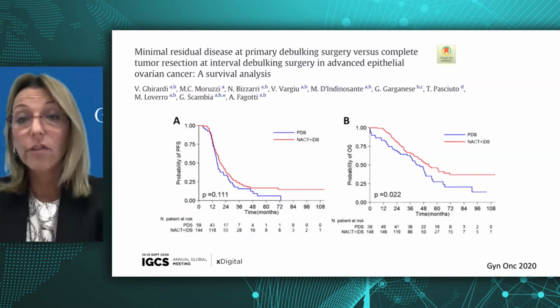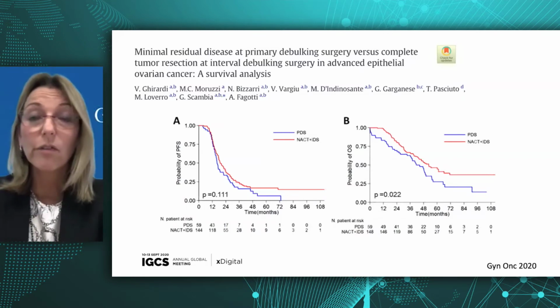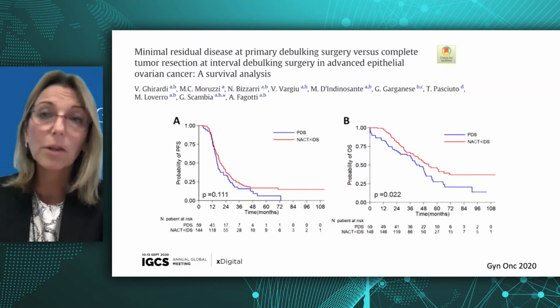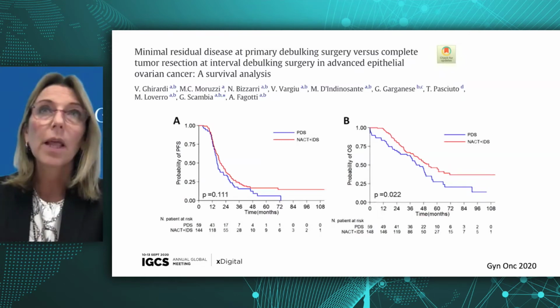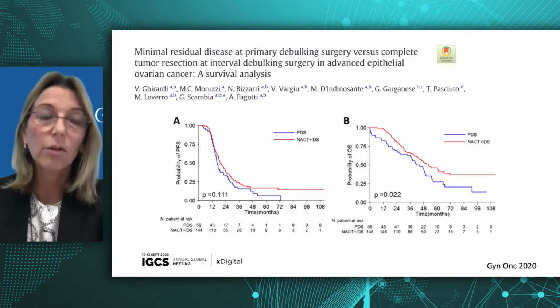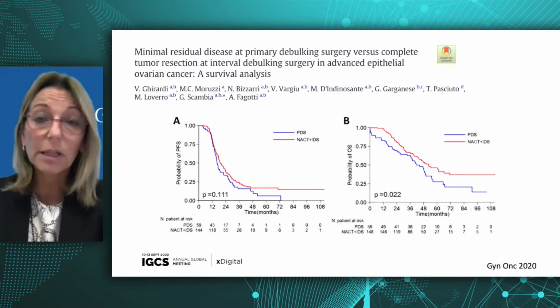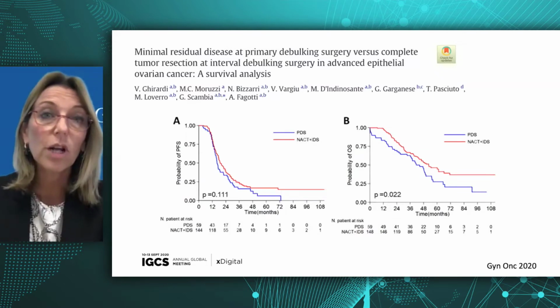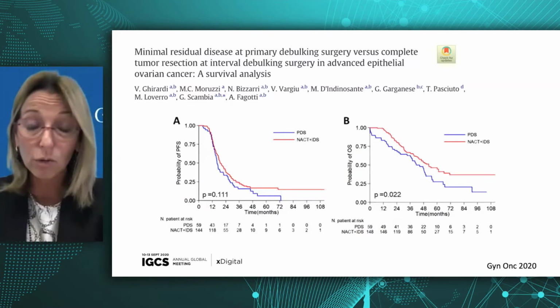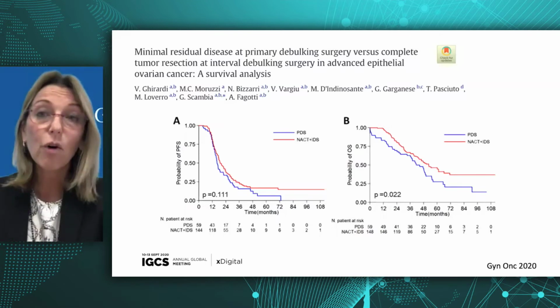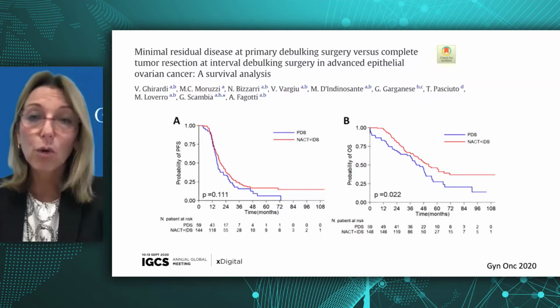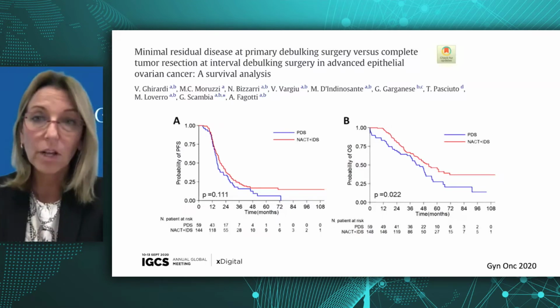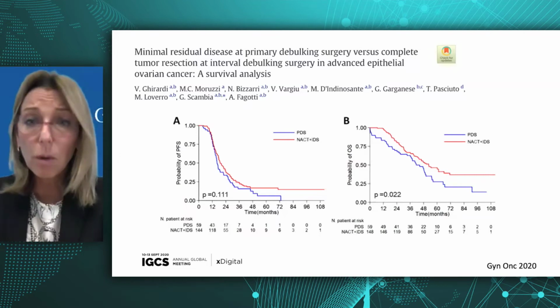There is actually a difference in terms of overall survival in favor of the neoadjuvant group, but of course here is a limitation given by the bias of selection. Indeed, patients receiving no gross residual disease at time of interval debulking surgery are those patients who responded to neoadjuvant chemotherapy. Therefore, we are comparing different groups, and actually it's not a good comparison.